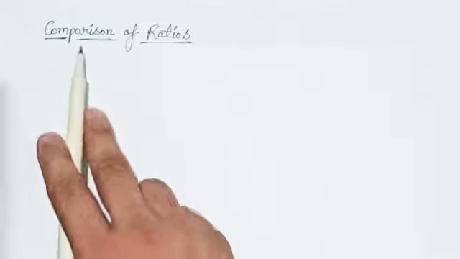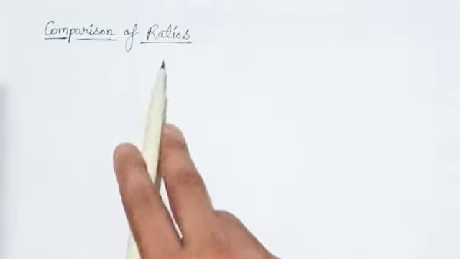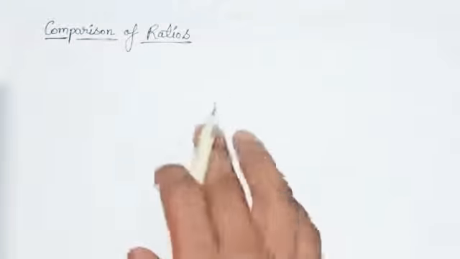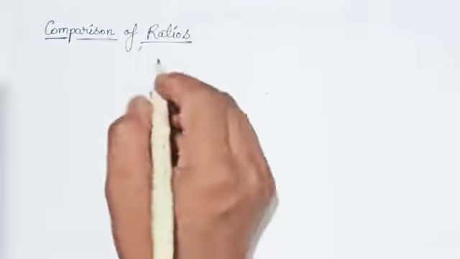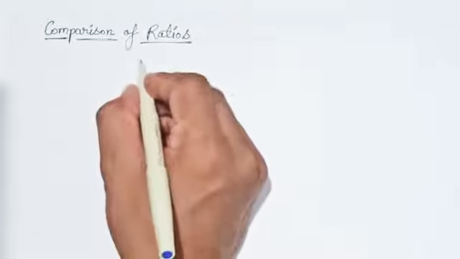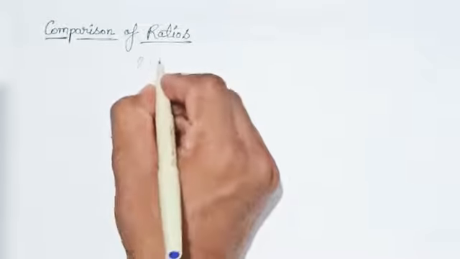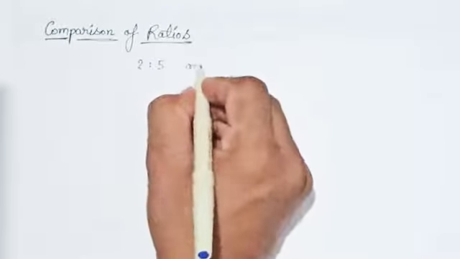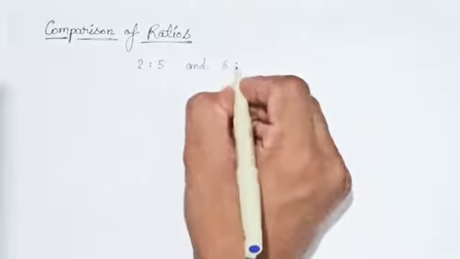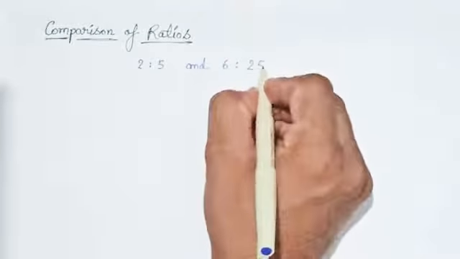Now let us see comparison of ratios. We can compare two ratios in the same way as we do comparison in case of fractions. Suppose we have two given ratios 2 is to 5 and 6 is to 25.